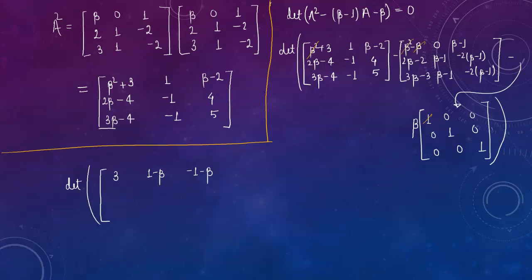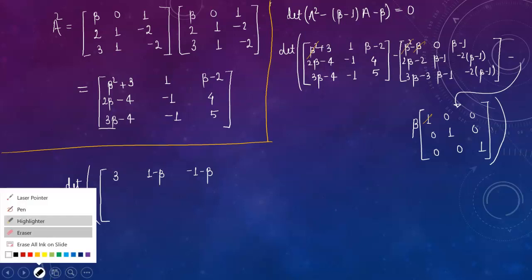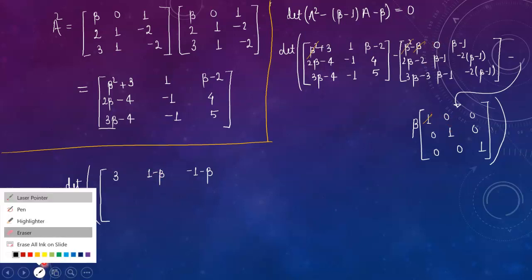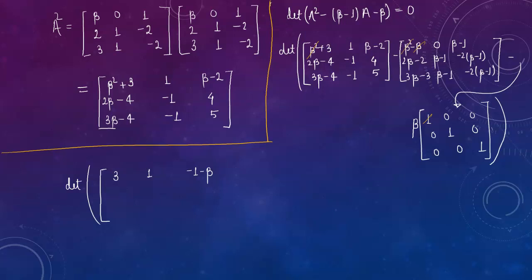Sorry, I have made a calculation mistake. As you know, this is 1 minus 0 minus 0, there will be only 1. Again similarly here there will be no beta, since there is 0. After that, 2 beta minus 4 minus 2 beta plus 2.